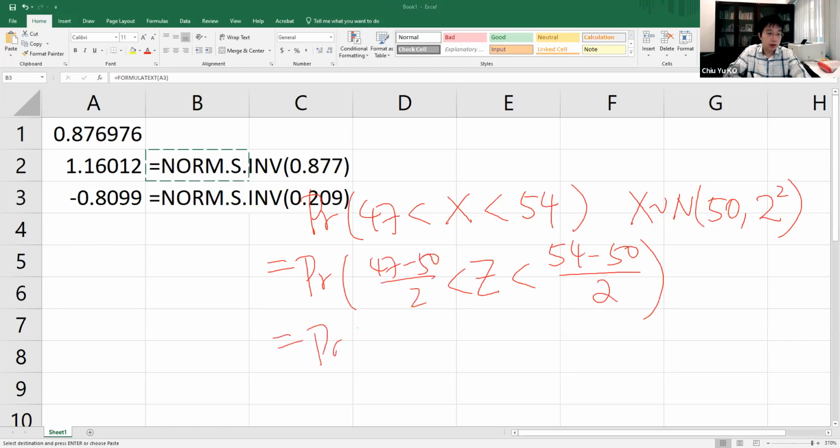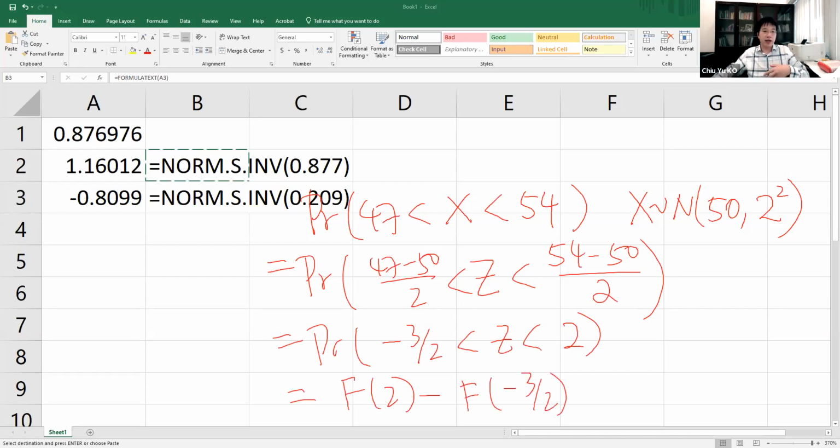That gives you negative 3 over 2 and 2. So it's easy to see this is F(2) minus F(negative 1.5). Let's see how we do it in Excel.